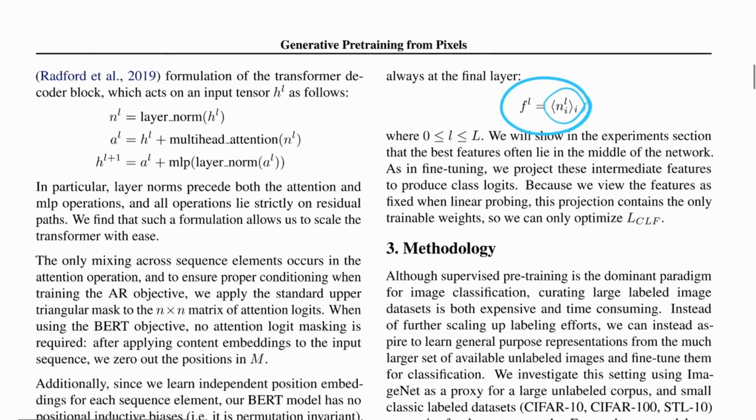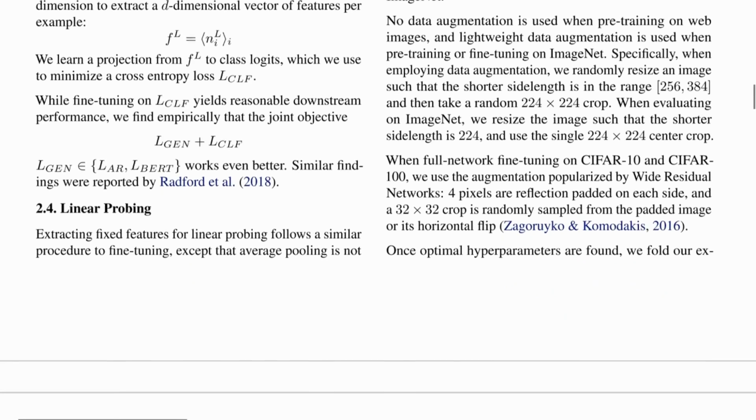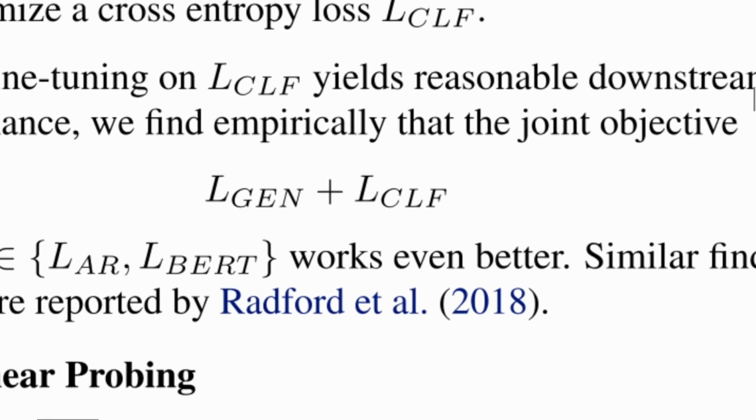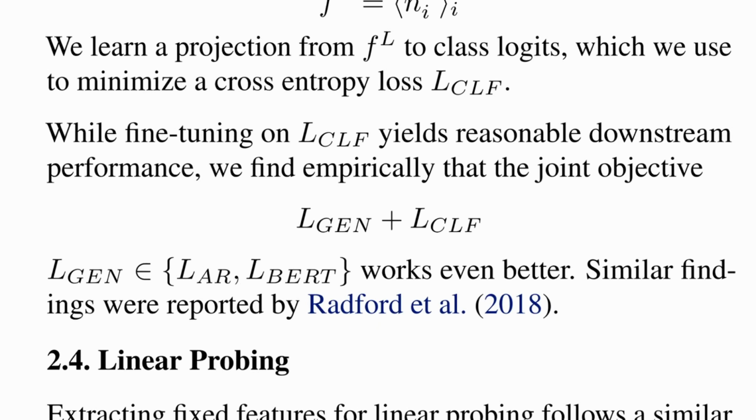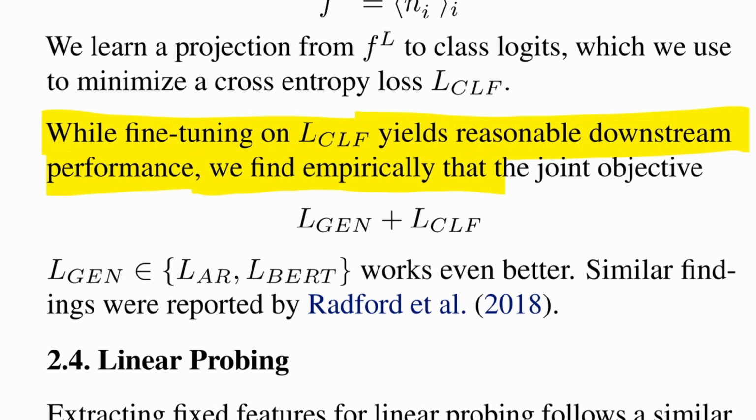And the last thing that I've also forgotten, there's a lot of stuff: while fine-tuning, the classification loss yields reasonable downstream performance. We find empirically that the joint objective, the generative objective and the classification objective, works even better.